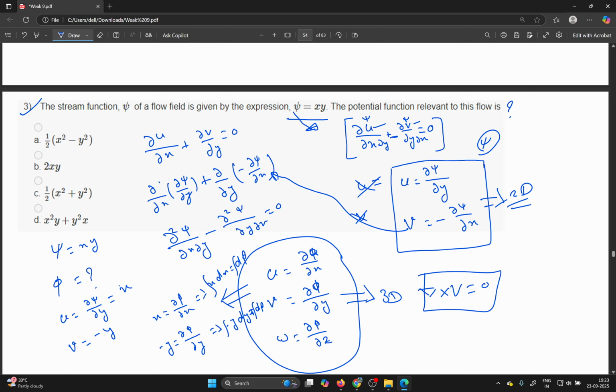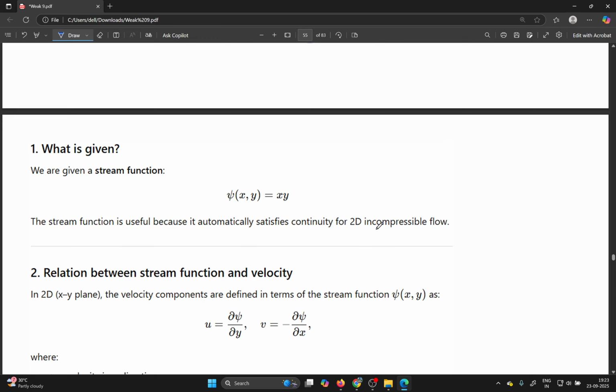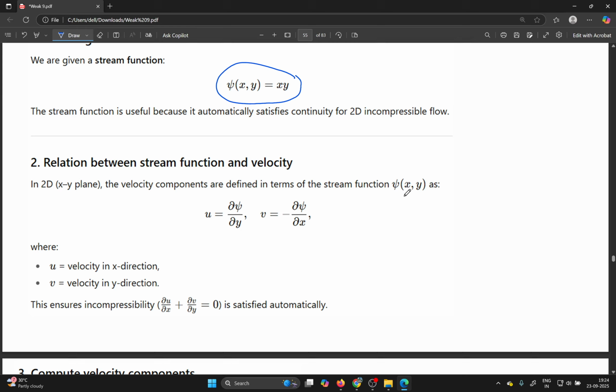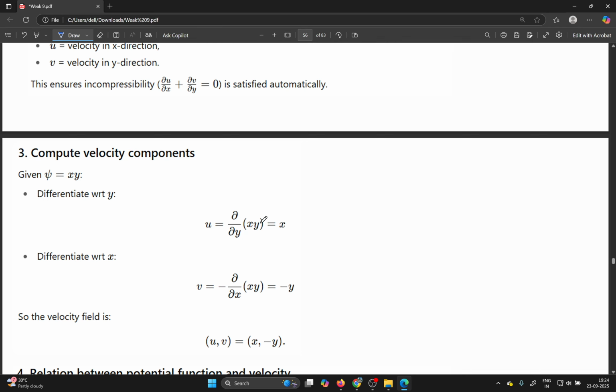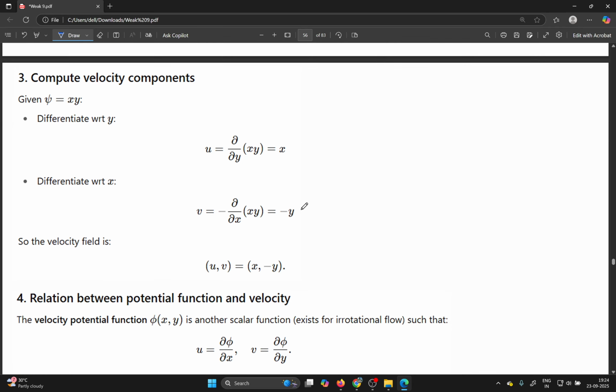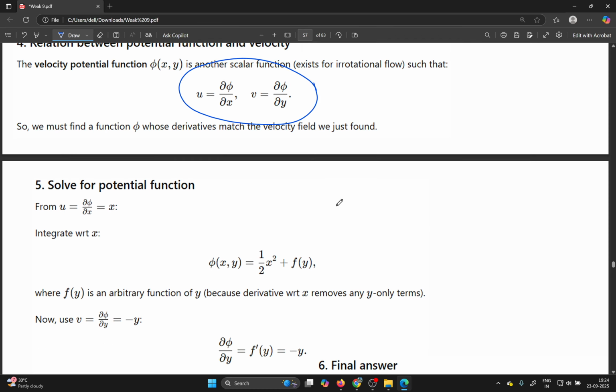After integration, what will you get? The explanation is here, I have written it very clearly. Initially you have this equation, you have this function, and now you can very easily calculate your u and v values. You already know the potential function relation, I told you just a few minutes back.